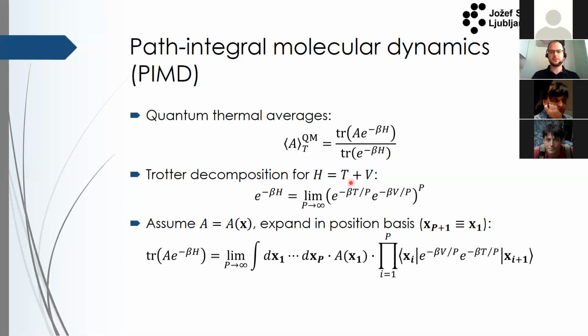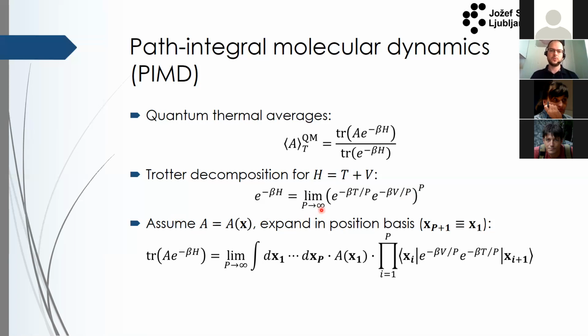The Hamiltonian operator is, in this case, a kinetic part plus a potential part. And this exponential cannot be easily solved in general. But we can decompose it using the Trotter decomposition. So we take alternating steps of a bit of kinetic energy and a bit of potential energy, and we repeat this P times, with P going to infinity in principle.